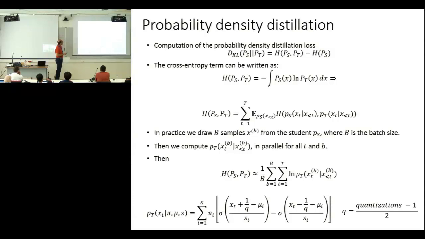The Kullback-Leibler divergence, first of all, is not a symmetric measure. The teacher is already trained and does not change during the training of parallel wavenet. So if we put it the other way around, this term will not have any effect at all. It will be a constant.